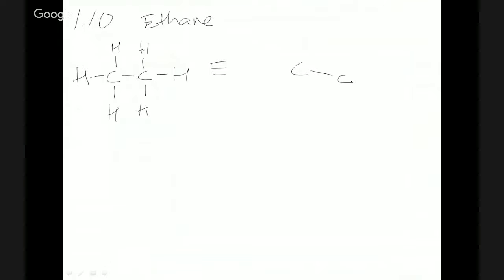We drew out methane and showed how it's tetrahedral. Every carbon is going to have wedges and dashes, and we'll get used to these wedges and dashes. Again, they have to be adjacent to one another.